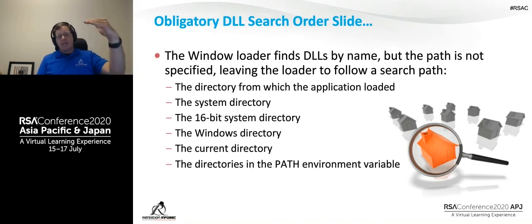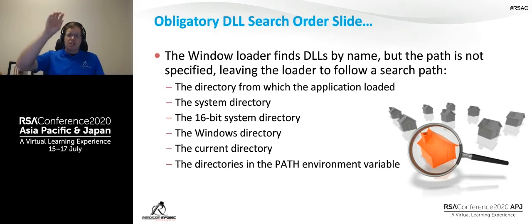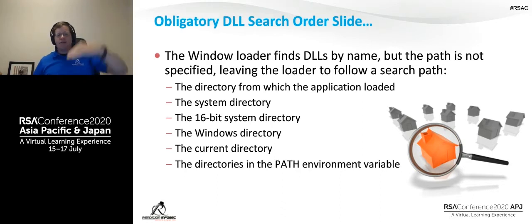But really what's happening here is when you import a DLL, at load time the loader goes in, parses the portable executable header, the PE header, and says, hey, what are we importing? And then it says, let me go find that DLL. And it searches through these directories to find it in this order. You'll notice that number one up there is the directory from which the application is loaded.